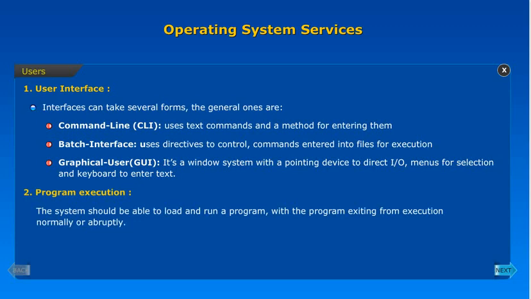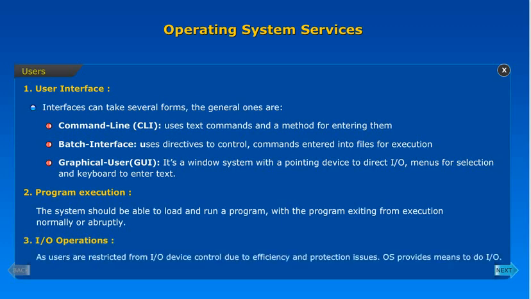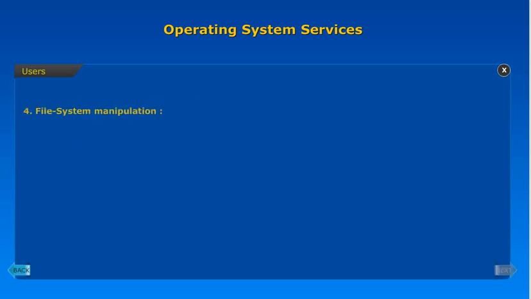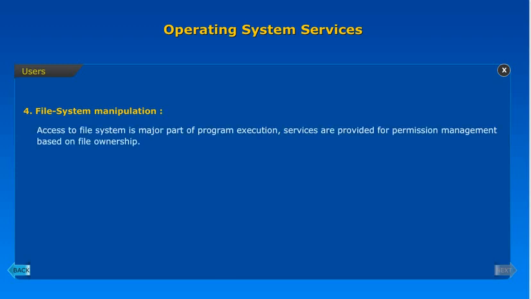I/O operations. As users are restricted from I/O device control due to efficiency and protection issues, OS provides means to do I/O. File system manipulation. Access to file system is major part of program execution.